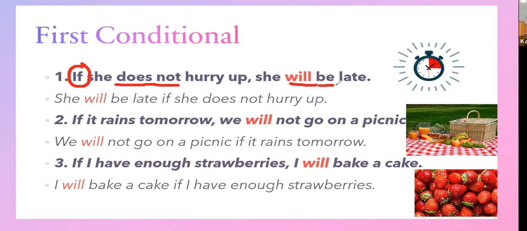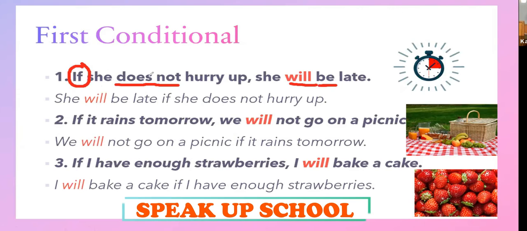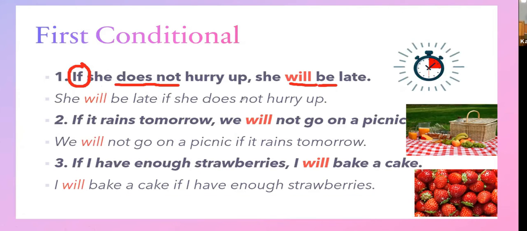And the same thing happens. She will be late if she does not hurry up. Okay, we have will be, we have if, and does not hurry up. Okay, so remember, possibility and will.